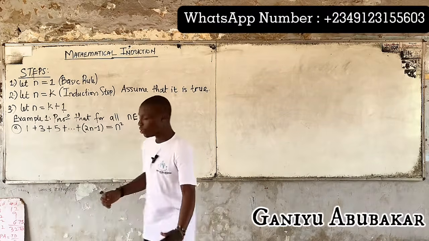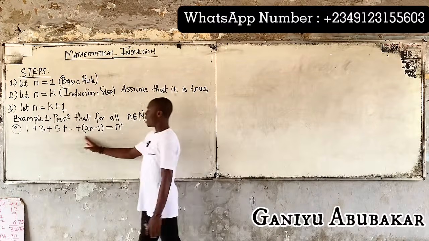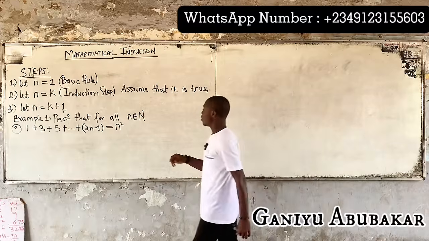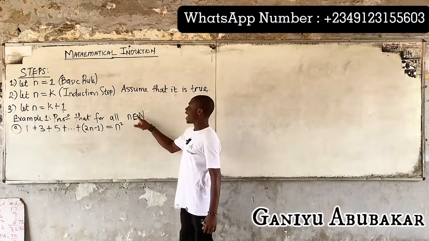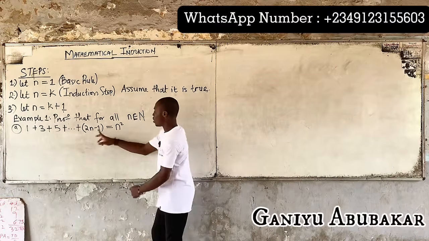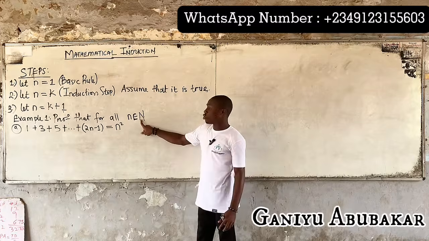This is the first question. Let's try to prove this expression. This symbol means for all n, n is an element of the natural numbers.